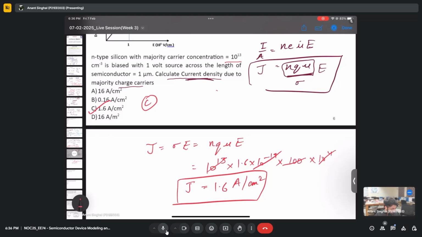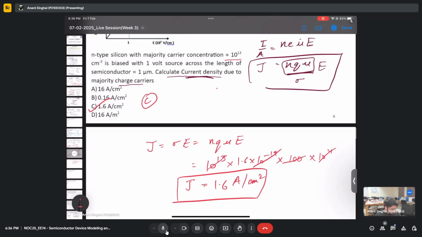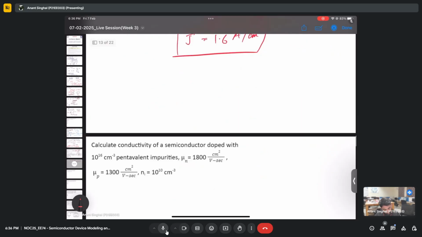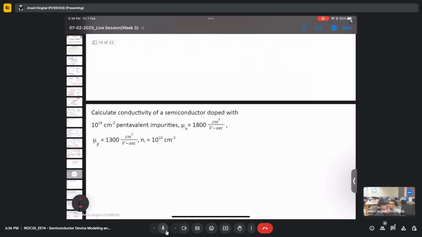Is it fine? Any doubts? If not, then try to do this problem. The problem states you need to find the conductivity. So conductivity is this sigma term.